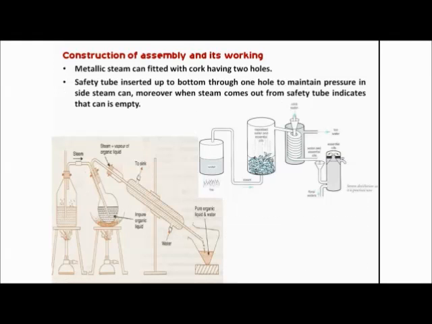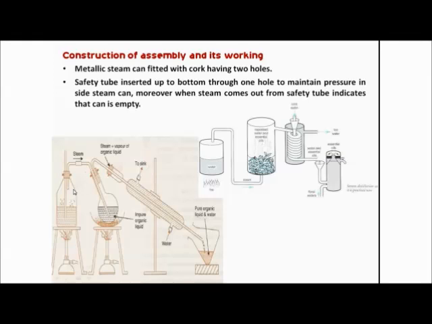Next, a safety tube is inserted here. This is the safety tube. It is inserted in the hole up to the bottom of the metallic can, just to maintain the pressure in the steam can.